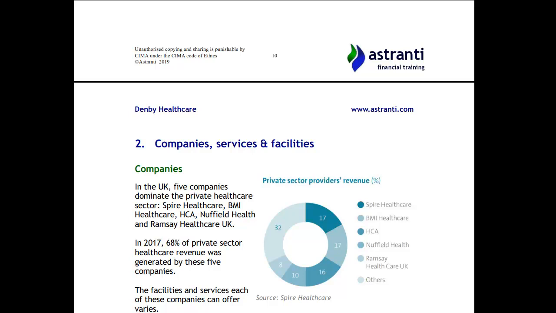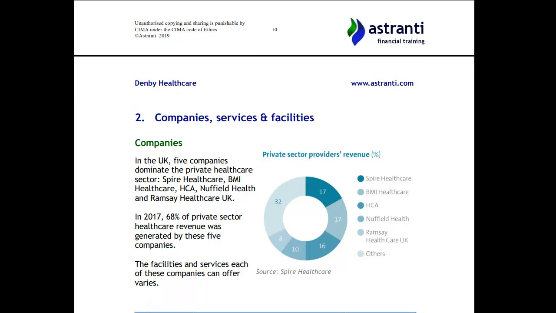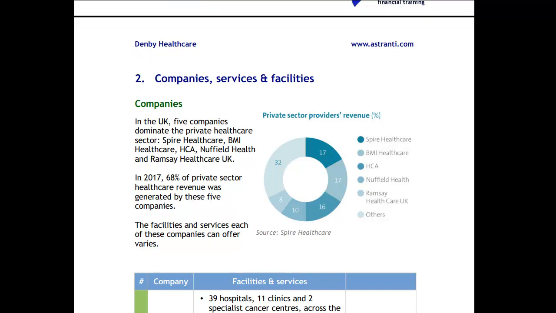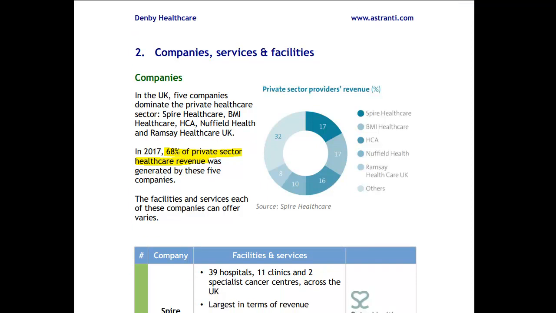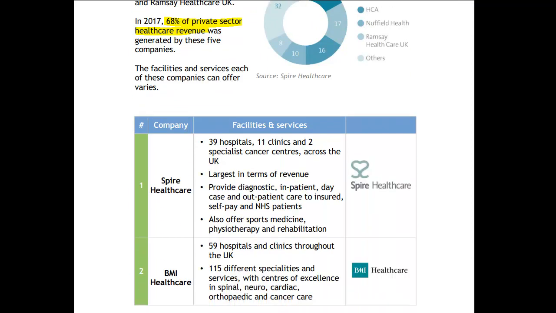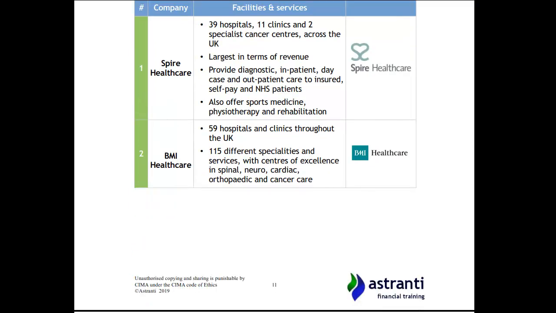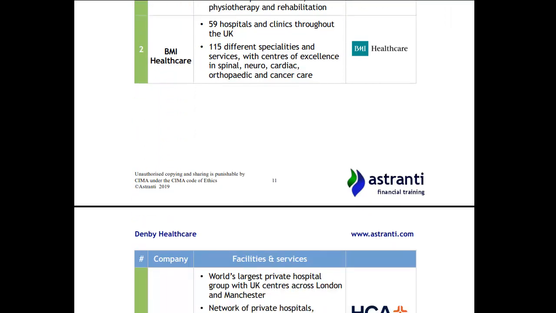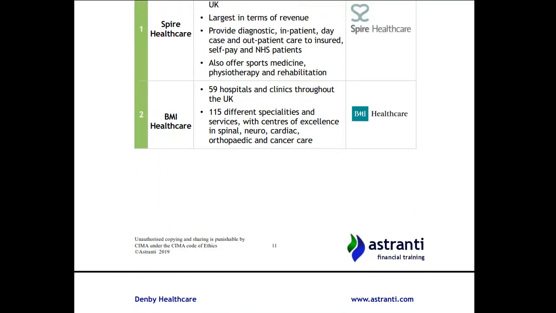And the industry in the UK is dominated by 5 companies, which made up 68% of the private sector healthcare revenue in 2017. And what's interesting to see about these competitors, which we will be discussing in a bit more detail later on, is the vast range of services they offer.